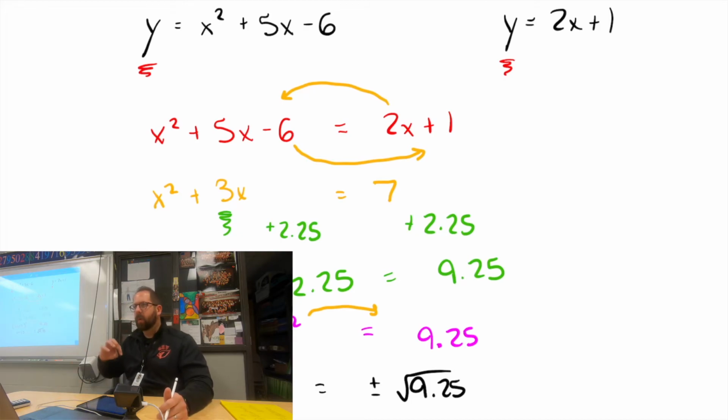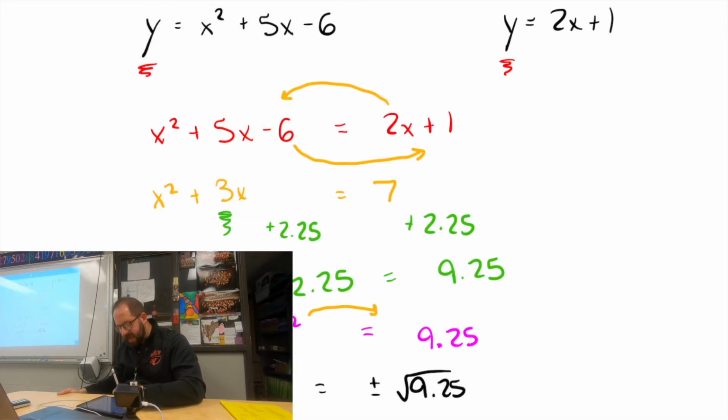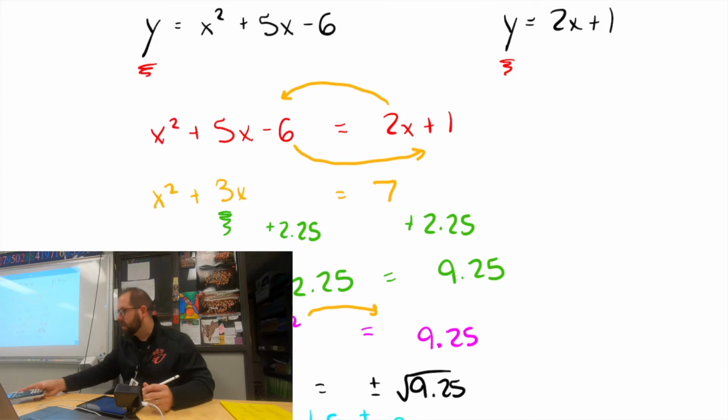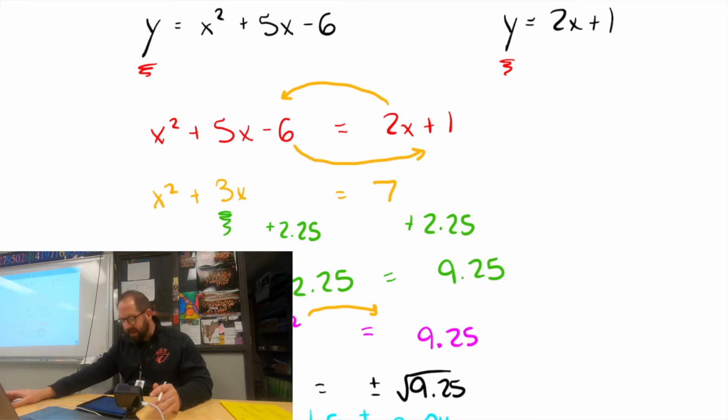And then we're going to move that 1.5 across. If I move that 1.5 across, it becomes a negative 1.5. Now the square root of 9.25, let's see, is 3.04. So what we're looking at here, we have two answers. We have negative 1.5 plus 3.04 and negative 1.5 minus 3.04.